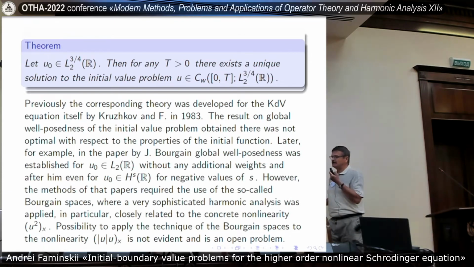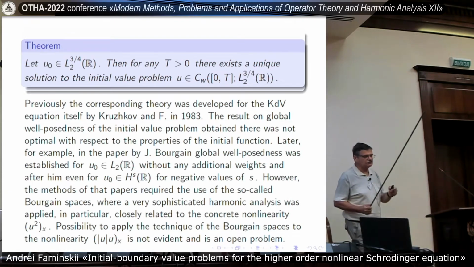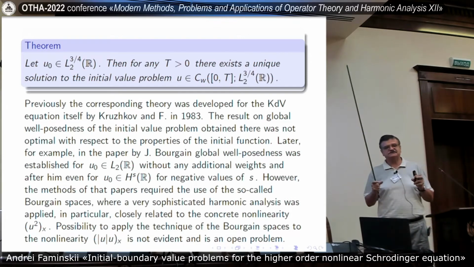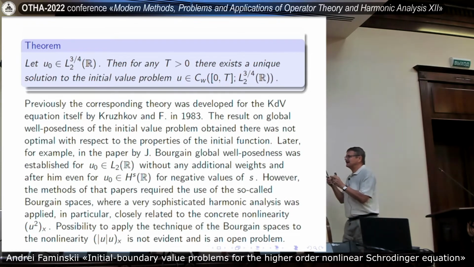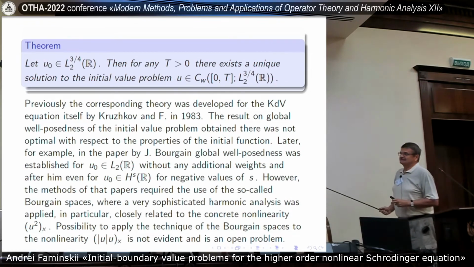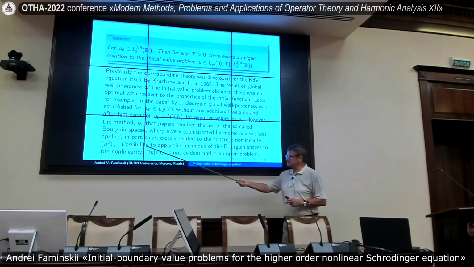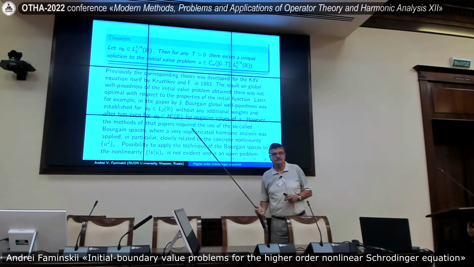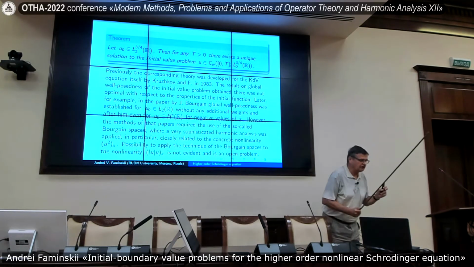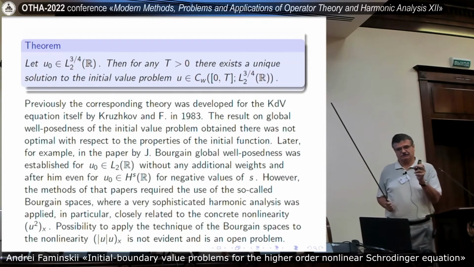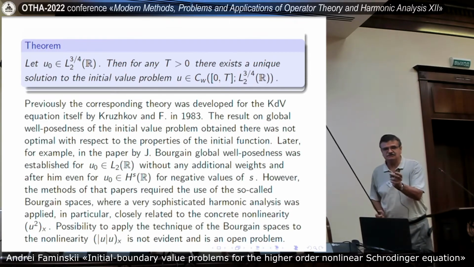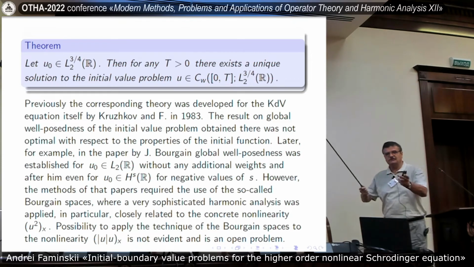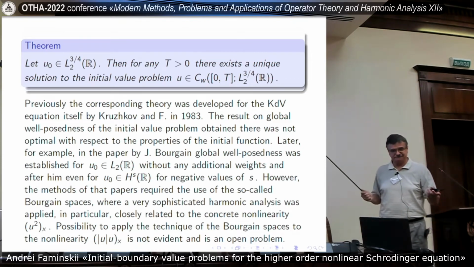However, these results are based on the use of the so-called Bourgain spaces, and this study used very sophisticated harmonic analysis. For example, it's very important that our nonlinearity has the following form, and in particular, nobody knows if one can substitute here U squared by, for example, some function which only has the same growth rate.